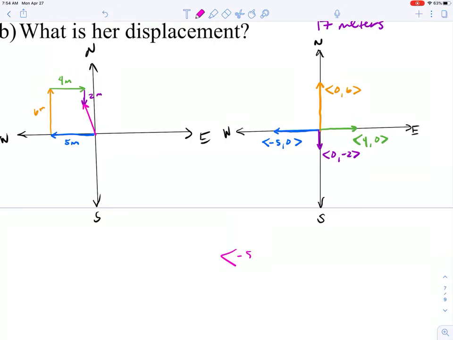So then to find the resultant vector, that would be adding up all the horizontal components, so -5 plus 0 plus 4 plus 0, and then adding up all the vertical components, so 0 plus 6 plus 0 plus -2.